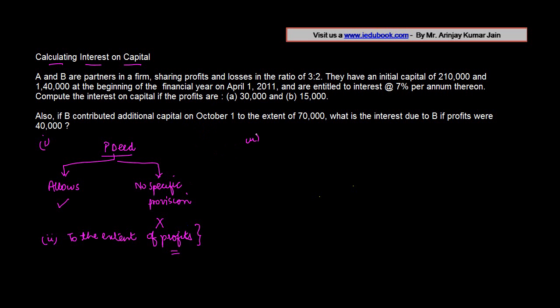And the third thing is that whenever there is an additional capital, then the interest on this, assuming it is specifically provided in the partnership deed, has to be allowed from the date when capital was introduced.